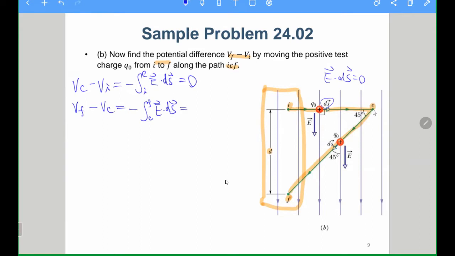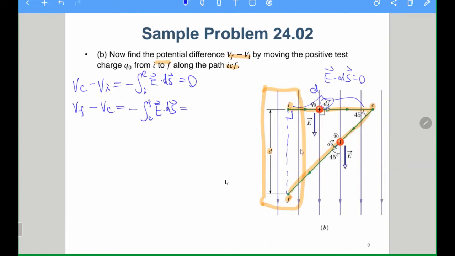So from C to F, it is this way. For this path, this is also d. This is actually a right angle triangle. This is 90 degrees, and these are 45, 45.